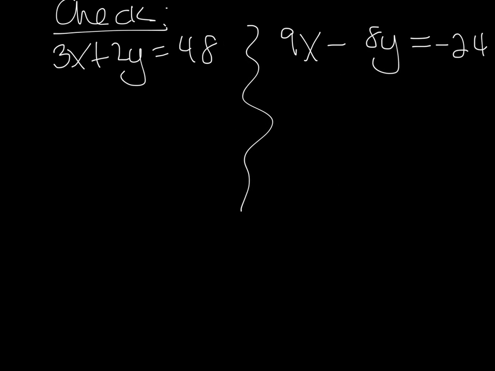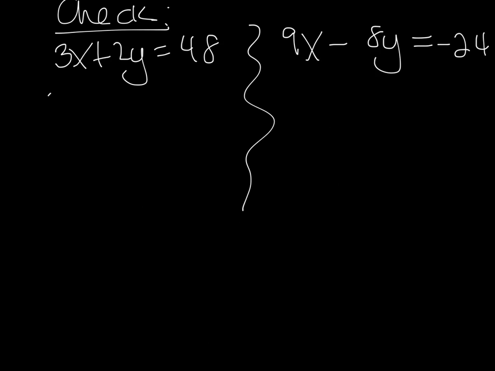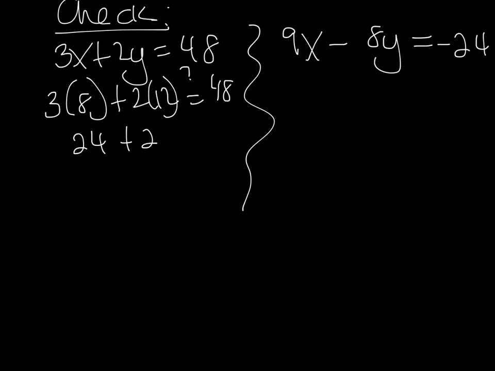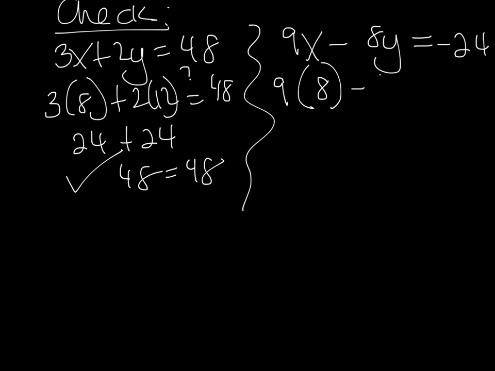Okay, so let's see, what do we have? 8 and 12. So 3 times 8 plus 2 times 12. Does that give me 48? And yep, 24 plus 24 is 48. So that works. Then 9 times 8 minus 8 times 12.